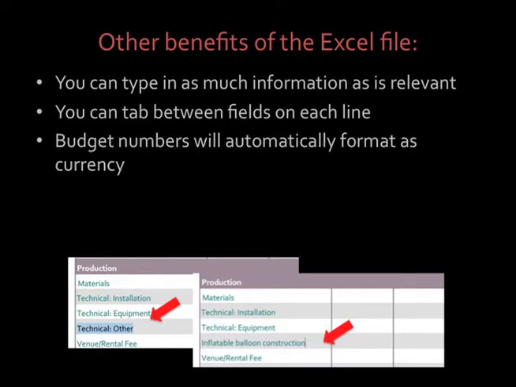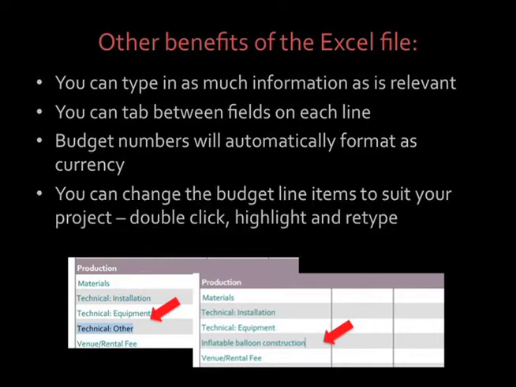Hitting Tab after entering a number in the dollar column will automatically format it as currency. And you can also change any of the items that are suggested in each category of the budget form just by double-clicking the cell, highlighting the text, and retyping, though you can't change the categories themselves.